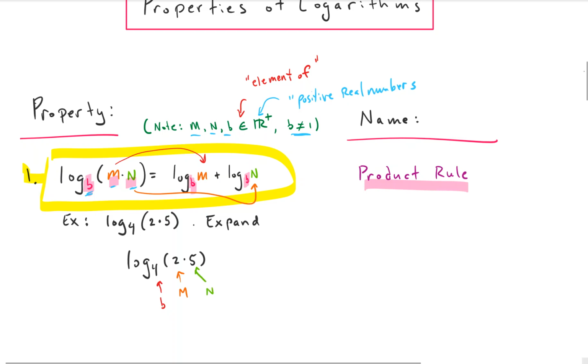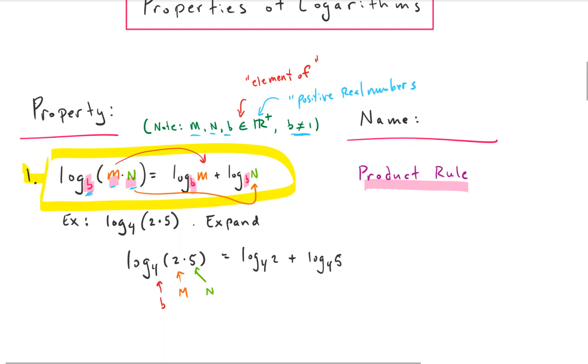Now we literally are just following the example here. The property, the rule. So we have log base 4 of m, which is 2, plus log base 4 of 5.